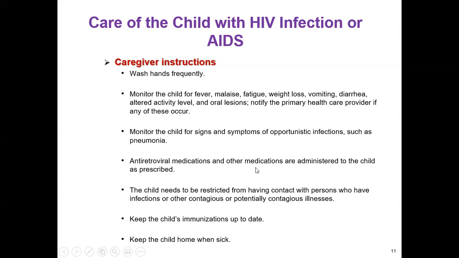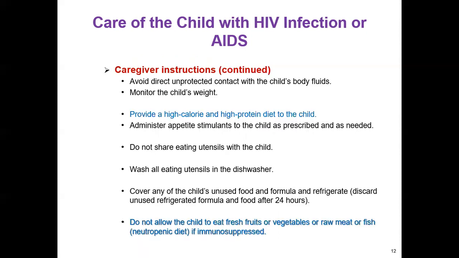Antiretroviral medication or other medication is administered to the child. The child needs to be restricted from having contact with persons who have infection or other contagious or potentially contagious illness. And keep the child's immunization up to date.